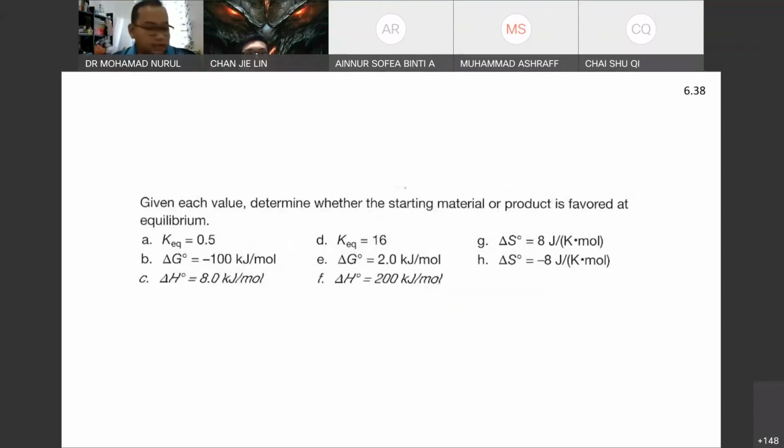Given each value, determine whether the starting material or product is favored at equilibrium. We know that K equilibrium is 0.5, which is less than 1. It means the starting material is favored.